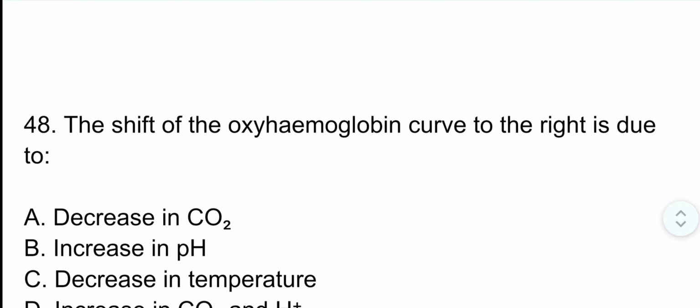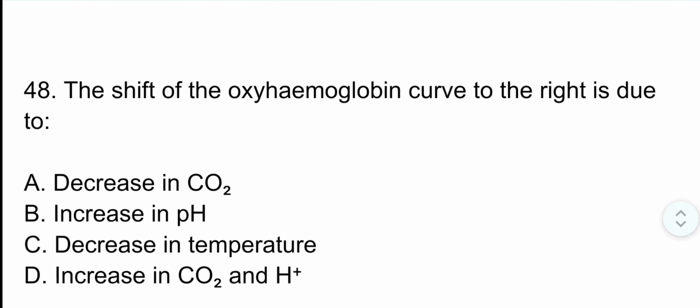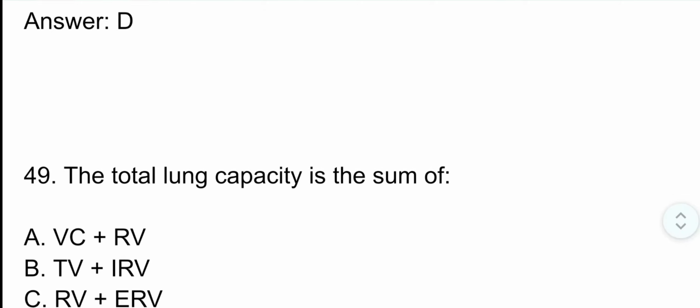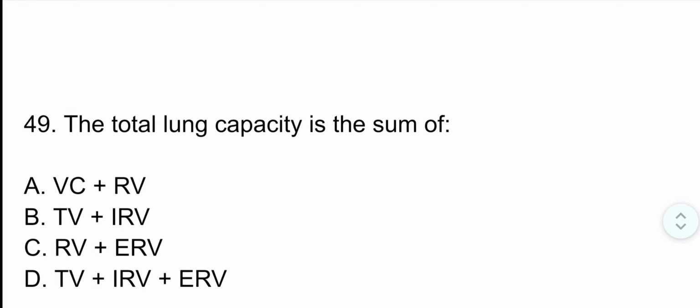Question number 48. The shift of the oxyhemoglobin curve to the right is due to. The correct option is option D, increase in carbon dioxide and H plus ion. Question number 49. The total lung capacity is the sum of.